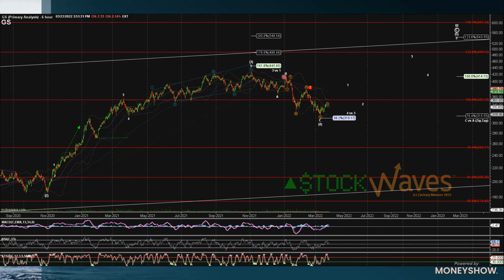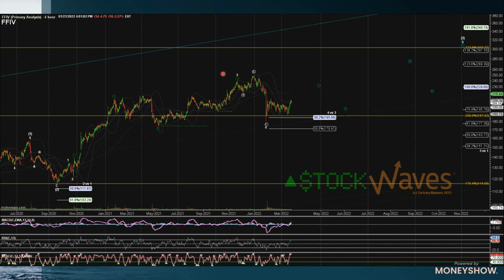So when the market was making those higher highs in the end of December and January, Goldman Sachs is one of those stocks that was clearly looking like an ABC bounce as a B wave at a significantly lower high into that corrective retrace support, and then setting up for a 5-wave move down as the C wave, again held right at that 382 Fibonacci percentage retrace of the entire third, and is starting its 5-wave move up to new highs in the 500s as the parentheses wave 5.